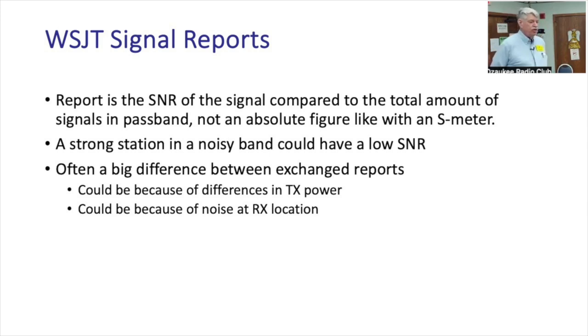Sometimes you'll see some rare DX guy who's really strong and calling CQ and not answering, and you see like 20 different guys calling him. How come he's not coming back to anybody? It's probably because he's got a lot of noise and he's not decoding signals. The noise levels from bad electrical power and such in third world countries are often really, really bad.